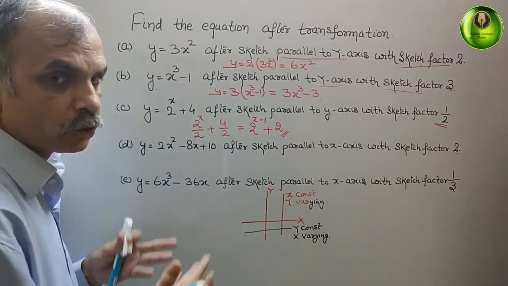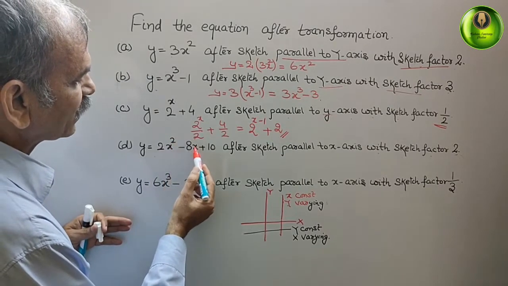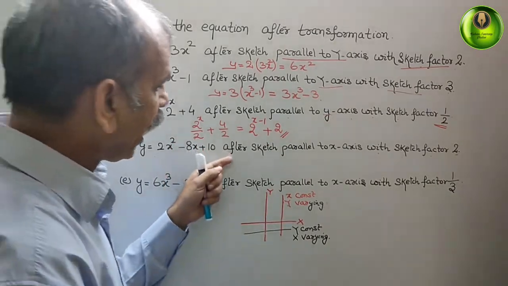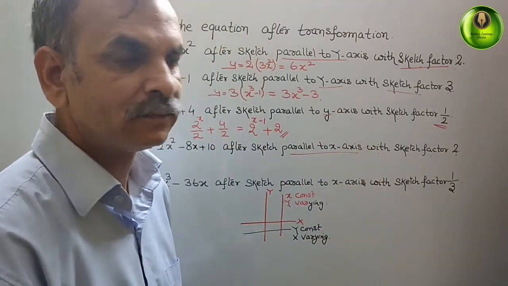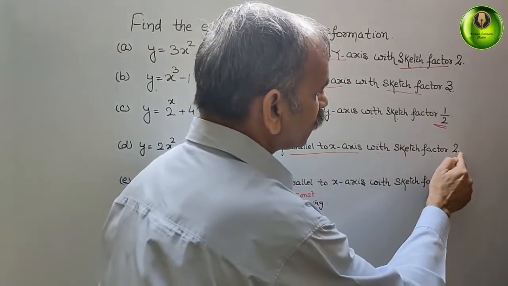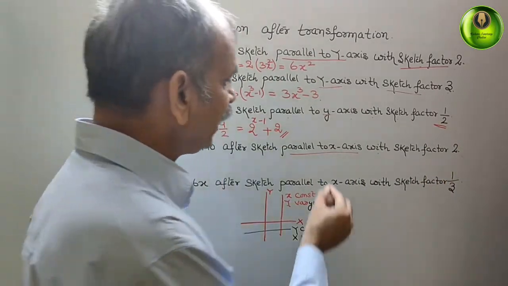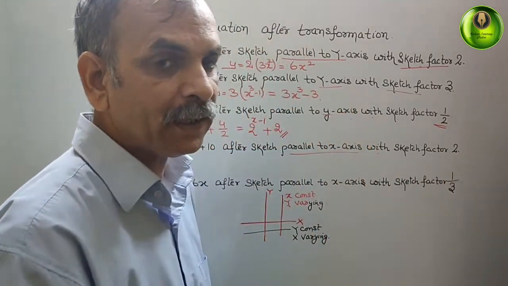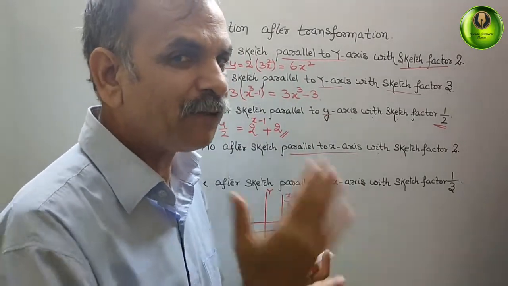Now, comes your next one. What they have given? Y is equal to 2x square minus 8x plus 10 after the stretch parallel to x-axis with the stretch factor 2. So we know that in x-axis, amplification should be 1 by a only.